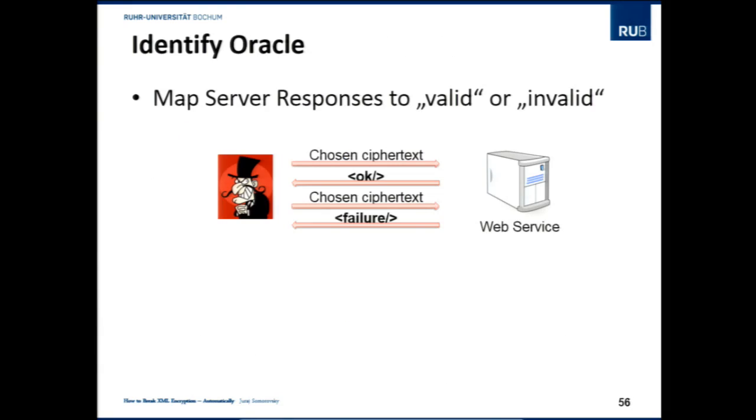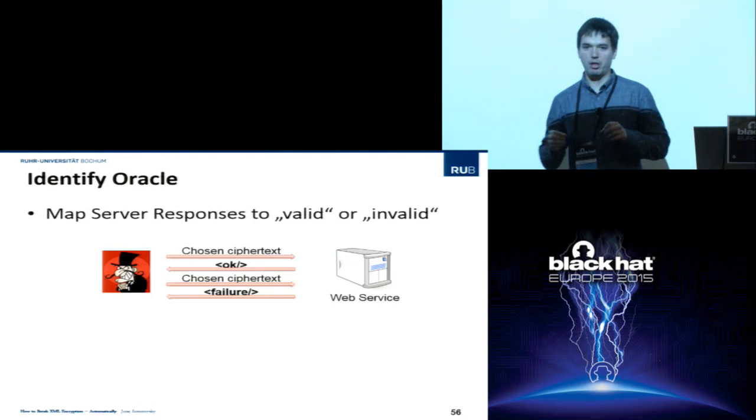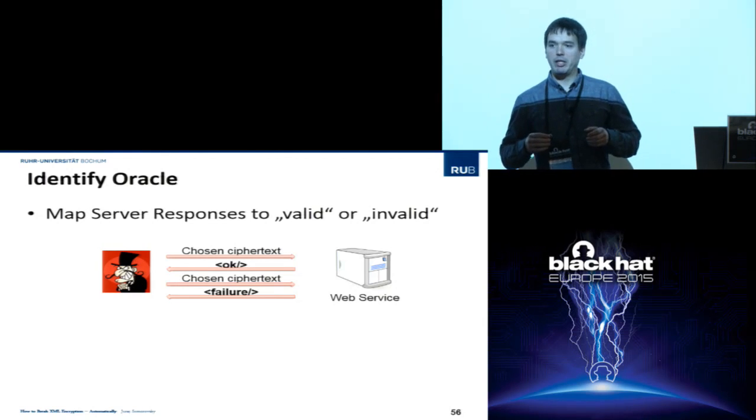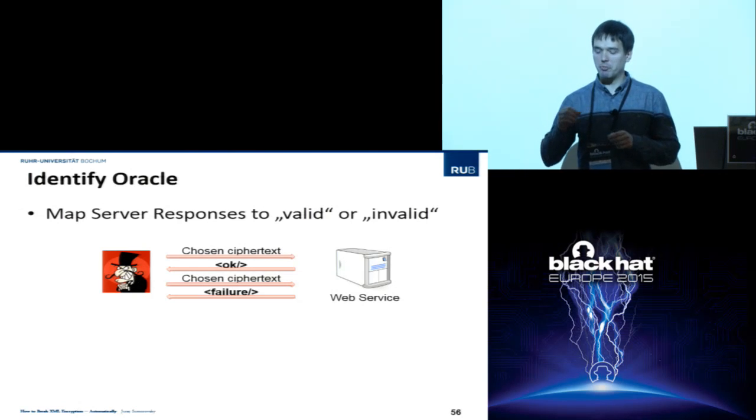So you remember, we are executing adaptive chosen-ciphertext attacks, and in these attacks we send a chosen ciphertext to the web server, and the server responds with OK or with a failure. What we actually get from the web server are some stack traces, maybe some error messages.